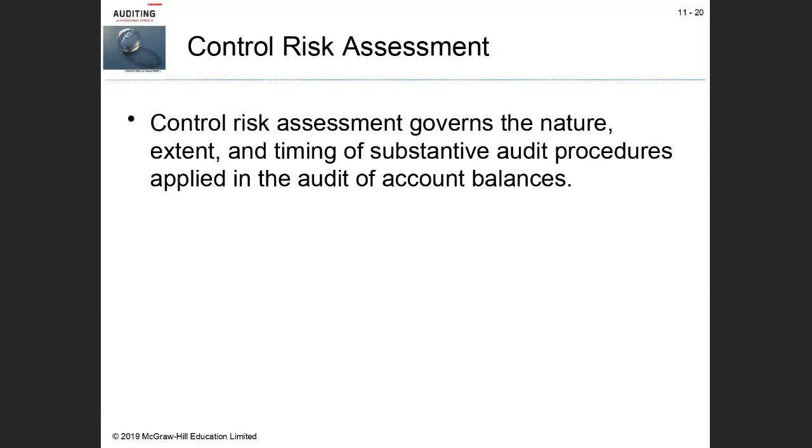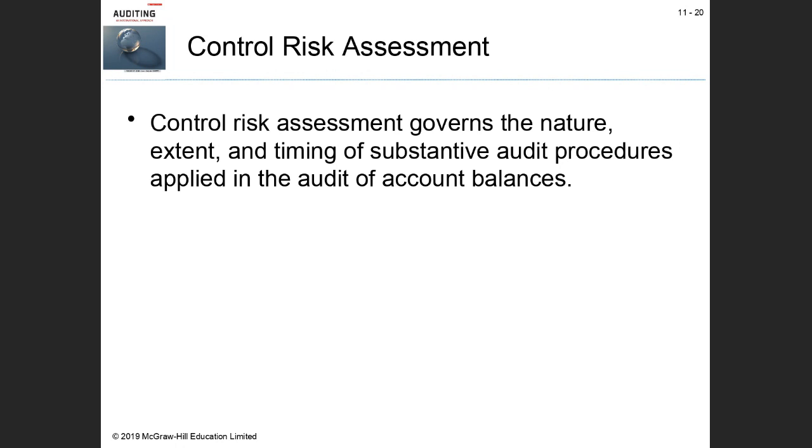We're going to continue on today and finish off chapter 11, talking about the revenue receivable receipt cycle. We left off the other day talking about the internal control assessment that auditors have to make to determine the level of control risk that exists in their audit client.